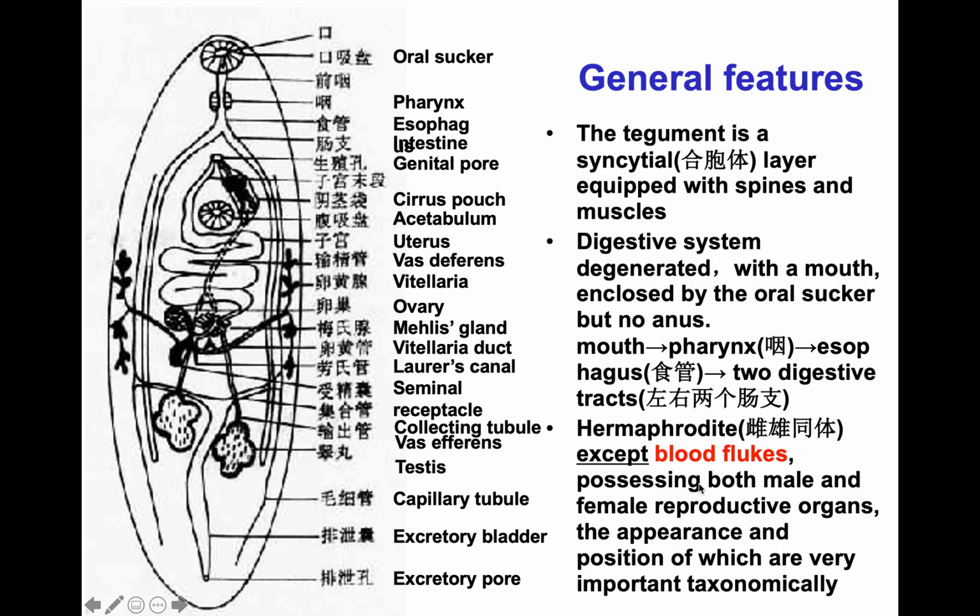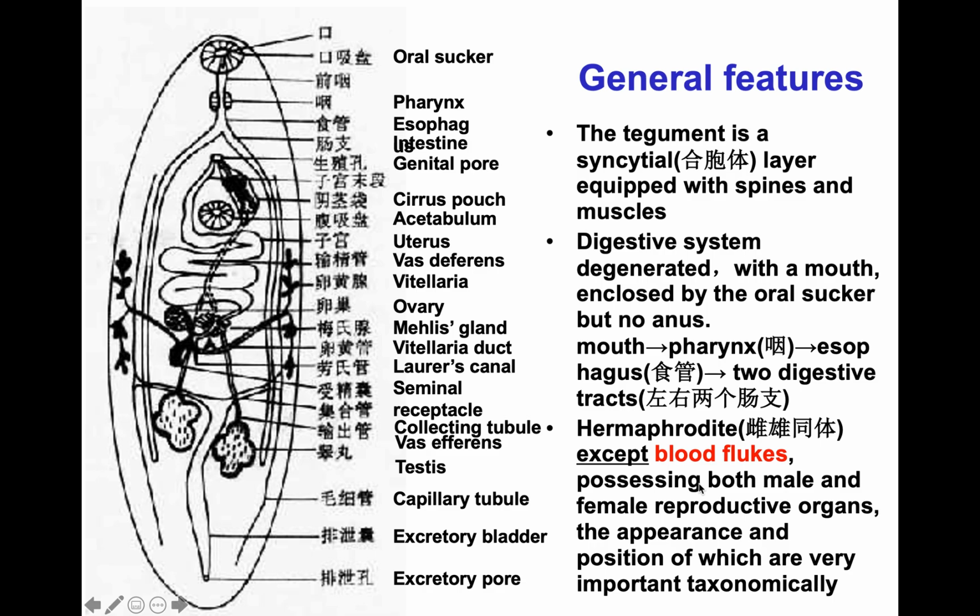This is a picture showing the general features. There's one body containing 2 sets of reproductive organs, with the exception of the blood flukes.